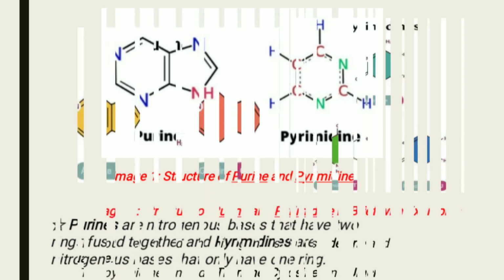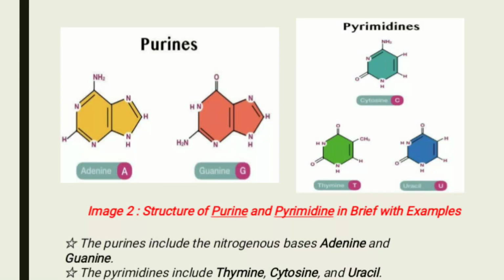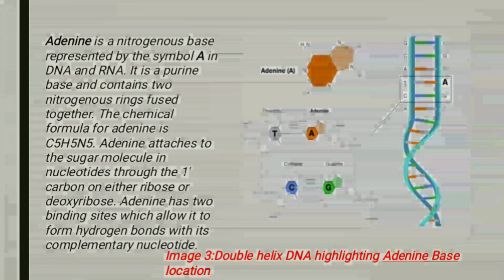Purines are much larger than pyrimidines because of the double ring structure. Purines and pyrimidines serve as the basis for the building blocks of DNA and RNA. In purines there are two kinds, adenine and guanine, and in pyrimidines, cytosine, thymine, and uracil.